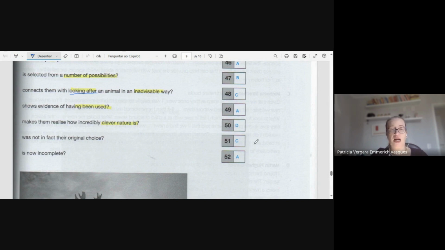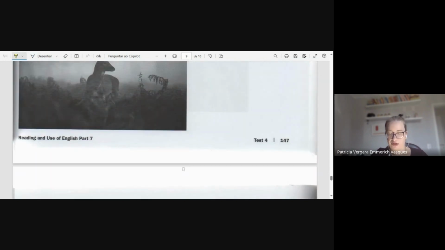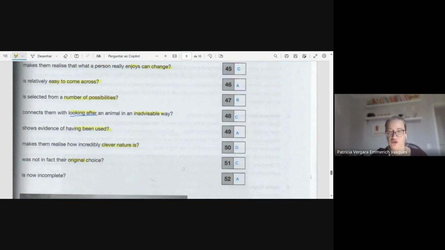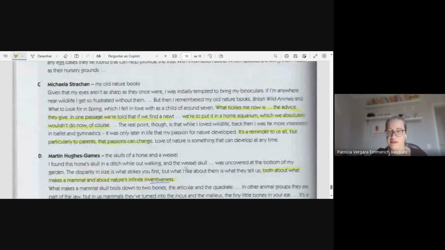And 51 is C. They give was not, in fact, their original choice. So letter C, because it's number, I forgot, 51. So in letter C, they give here, it's not the original choice, yeah? Put the animal there in the aquarium, in the home aquarium, right?